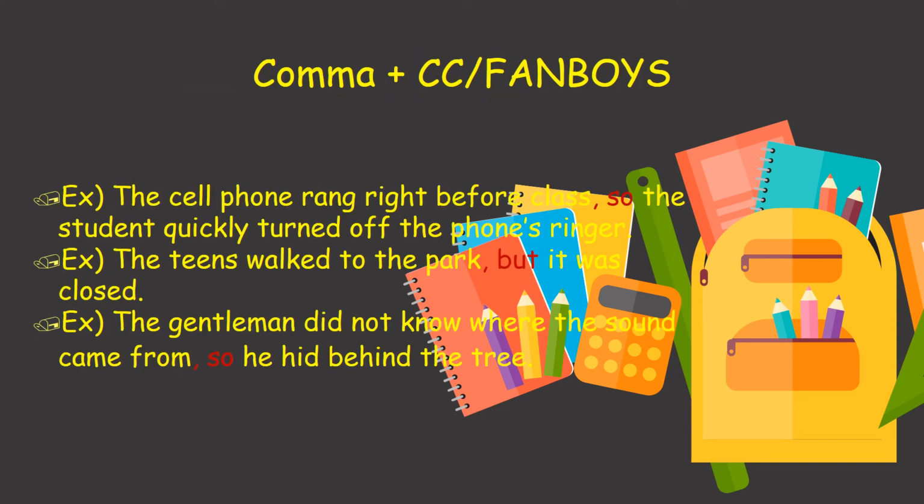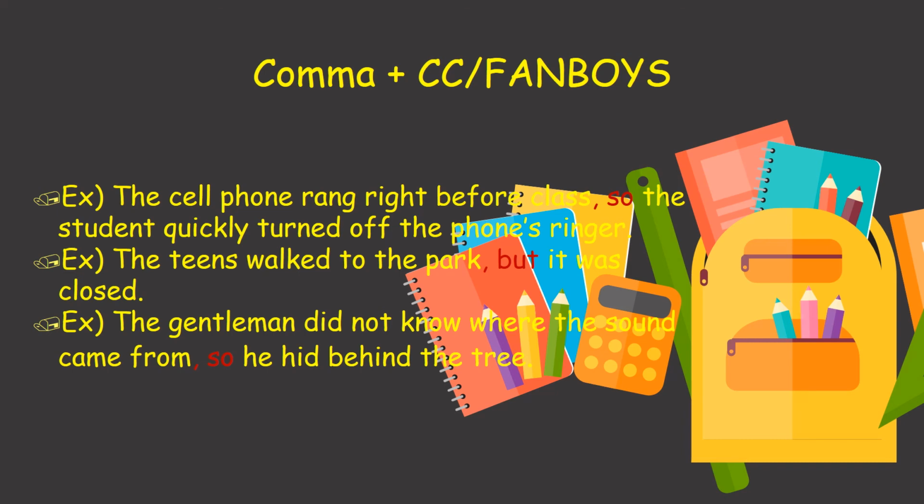Okay children, these are some examples. Look at this carefully. The cell phone rang right before class, so the student quickly turned off the phone's ringer. Next one, the teens walked to the park, but it was closed.